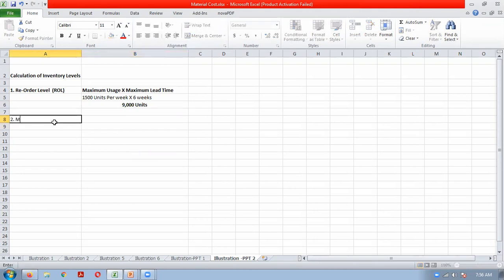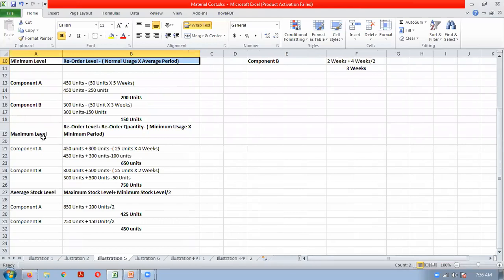Next, what can we calculate? We can calculate minimum level. What is the formula for minimum level?